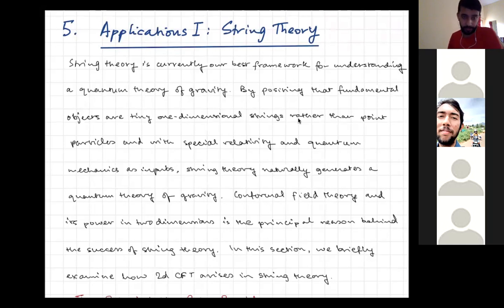Okay, so what is string theory? String theory is, at the moment, our best framework for understanding the quantum theory of gravity. So you've heard the folklore: the quantum theory of gravity is what we are after. Why are we after this?